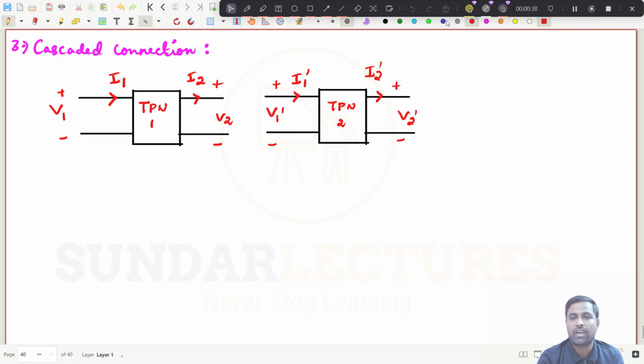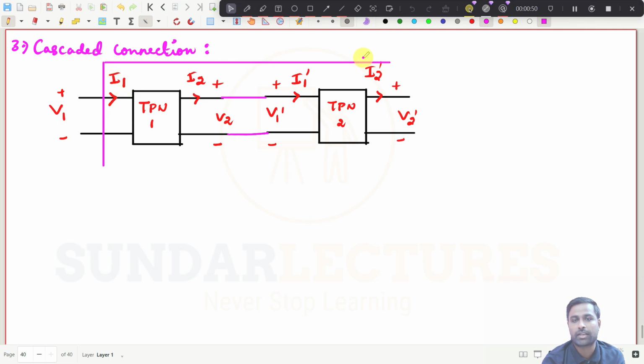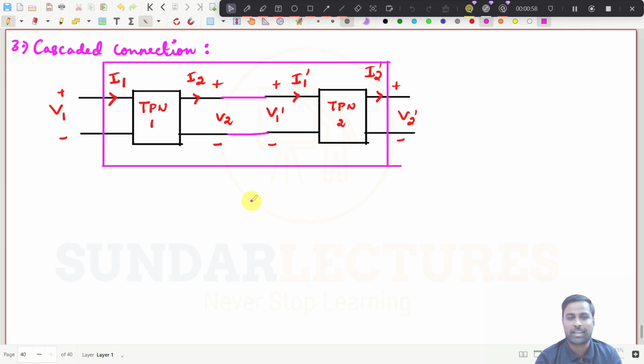See here, what we are going to do now? We are going to just connect these two points. Simply. Now this is the full two-port network. Up to this point, we will have a two-port network. Now you try to understand what happens.